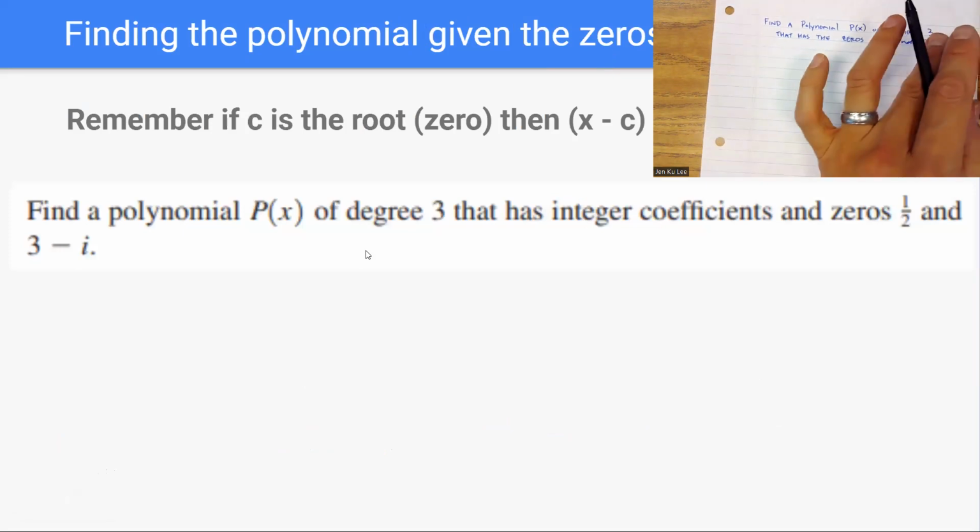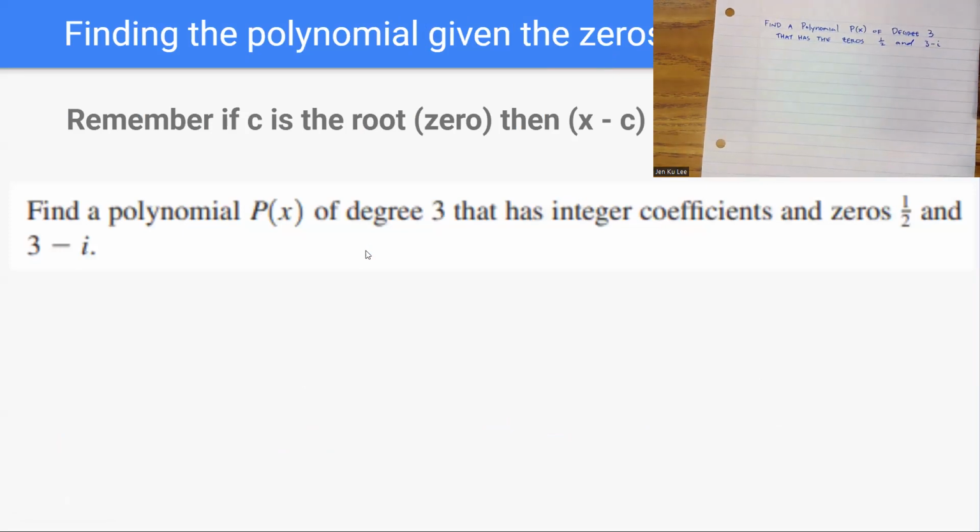So I have two examples with finding that. We're going to find the polynomial given the zeros of the function. Remember, if c is a root or a 0, then x minus c is the factor, right?